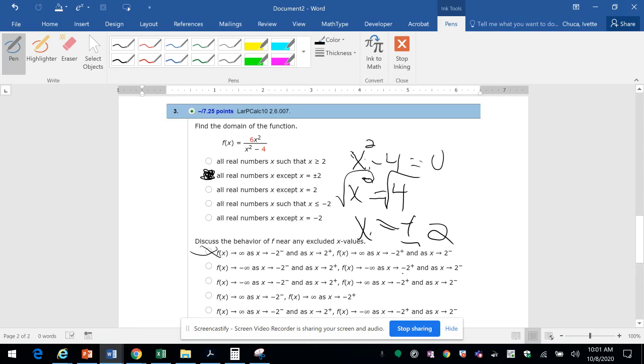As we approach negative 2 from the right side, did it go to negative infinity? Yes. And as we approach 2 from the left side, did it also go to negative infinity? Yes. They all went to negative infinity. Let's check the rest just to make sure. The third one is saying that it goes to positive infinity, so that's not a choice. And this is positive infinity, not a choice, and not a choice. So my answer again is the second choice.